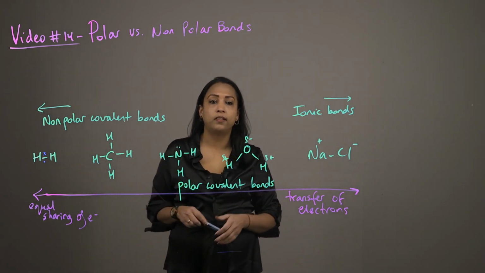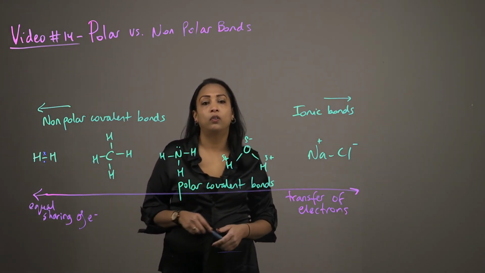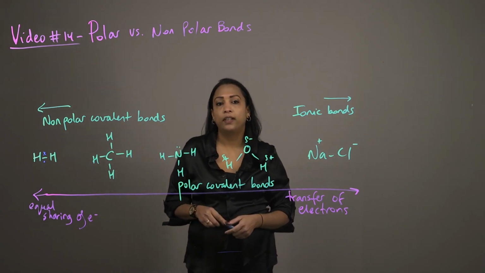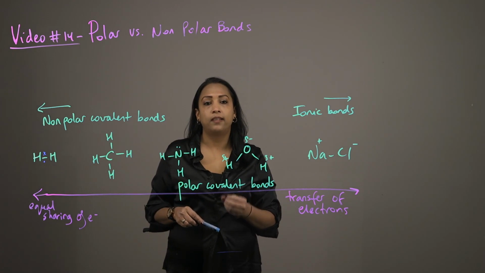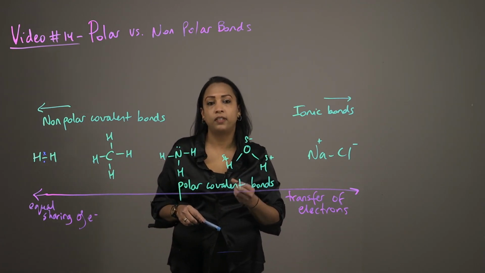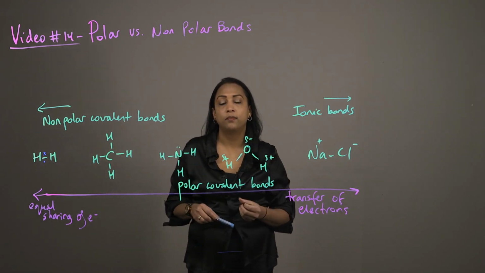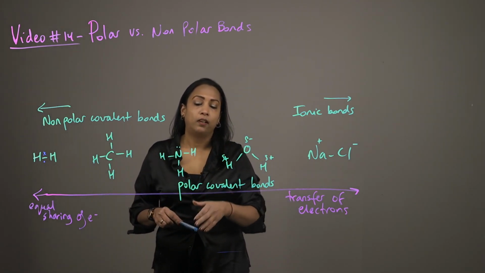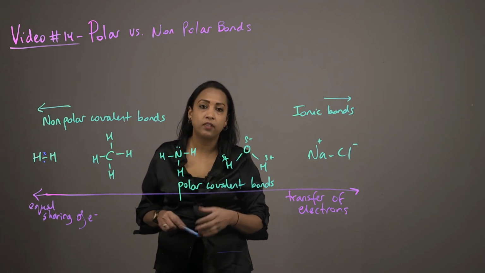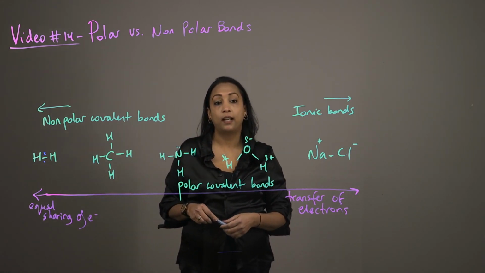In the middle of this continuum, we have polar covalent bonds. So polar covalent bonds are still covalent bonds, but there is a significant electronegativity difference between the atoms that make up the bonds. So in the case of ammonia, nitrogen is a fairly electronegative atom.